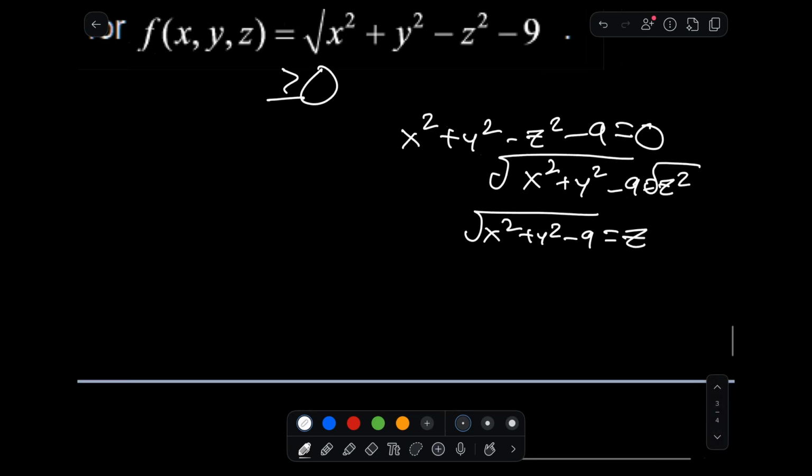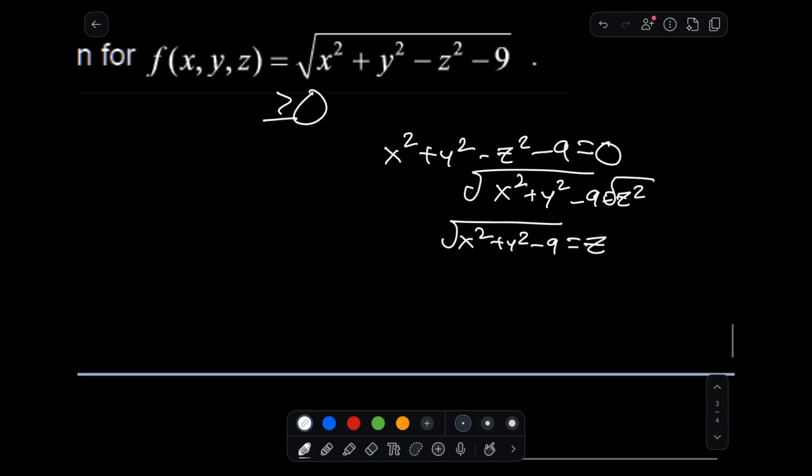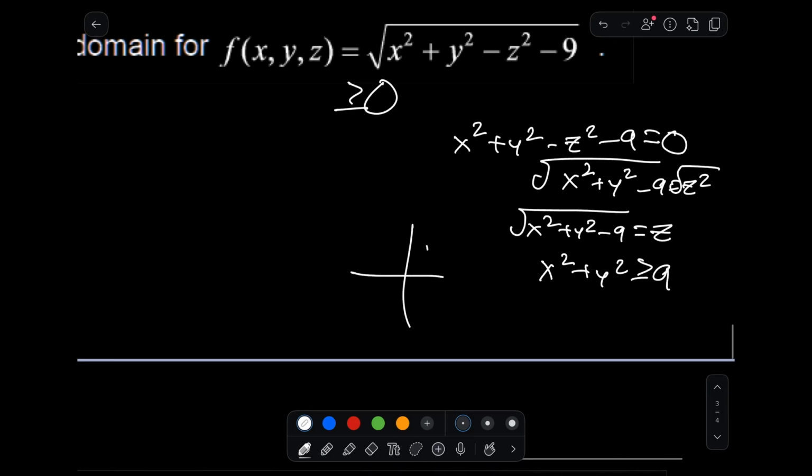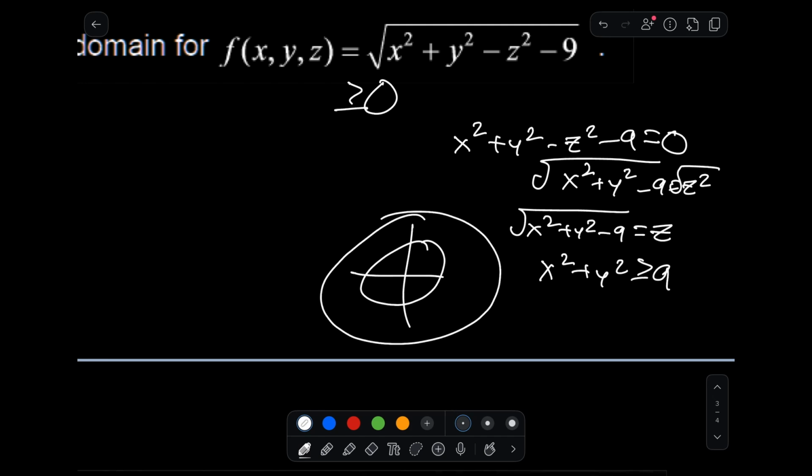We can say that the domain for this has to be so that x squared plus y squared is greater than or equal to 9, right? So that means it has to be outside of this circle right here. Any values outside of that circle would work.